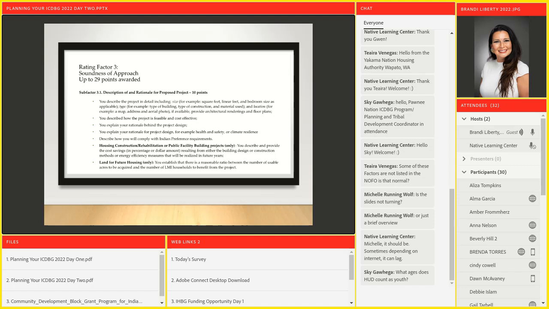Next, you must also explain your rationale behind the project design. So this is going to focus on your specific project. For example, if you're utilizing maybe some new construction under your ICDBG, and it's for elders, and you want to make everything ADA accessible, maybe you want to put some ramps in and things like that, you need to describe that.